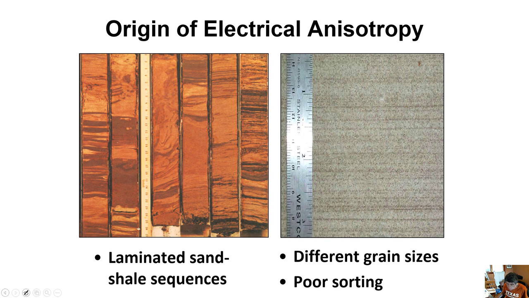Now, we have to deal with a very important technical concept, which is electrical anisotropy. And I'm showing you these diagrams to illustrate the cases where we have rocks that have intralayers of shale and intralayers of sandstone. The volumetric concentration across these rocks is not the same. These are core photographs.